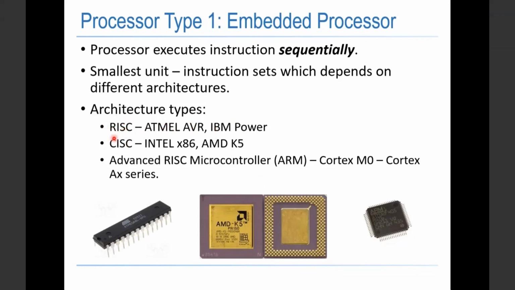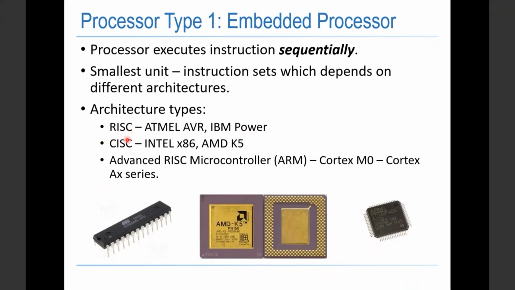The examples of RISC are the Atmel AVR processors, and then we have the IBM Power processors. Then the second architecture is CISC, which is a complex instruction set computer.